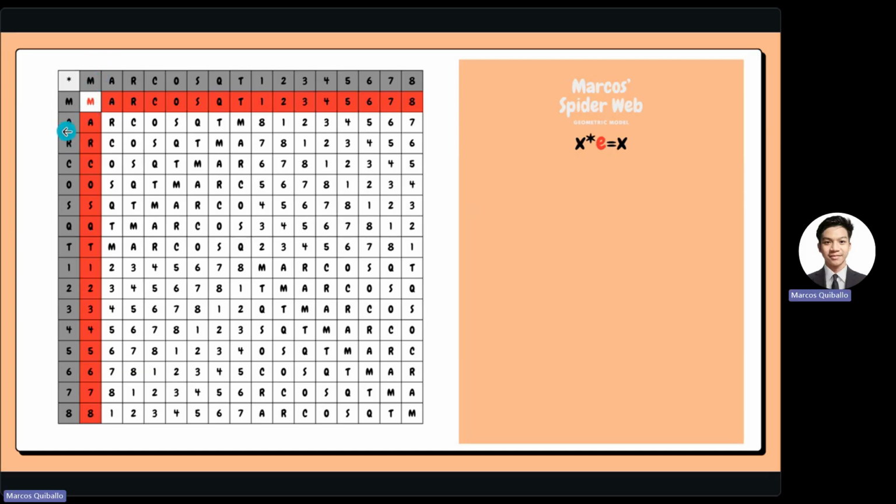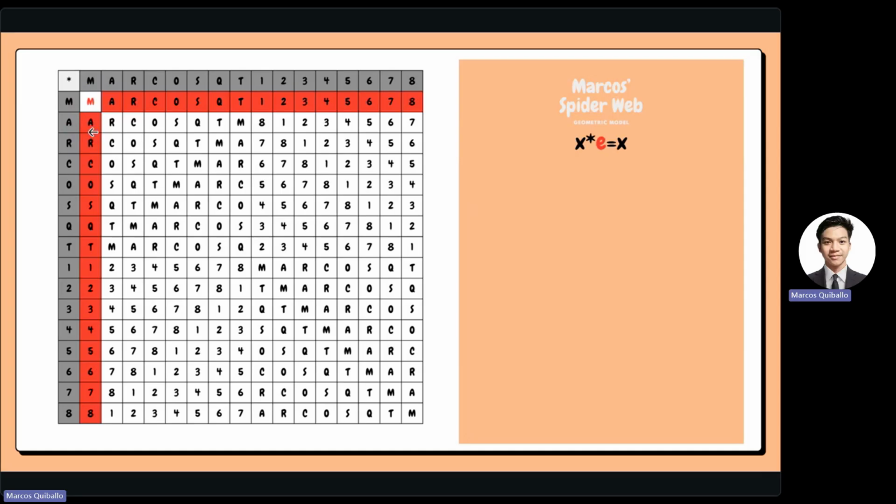A star a is not equal to itself, but a star m is equal to itself, which is a.